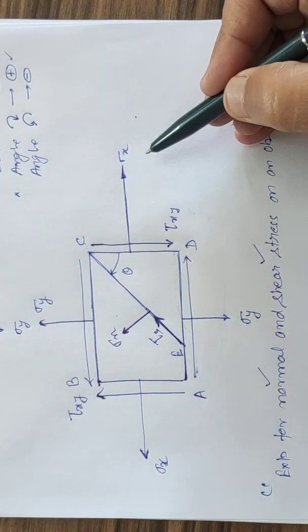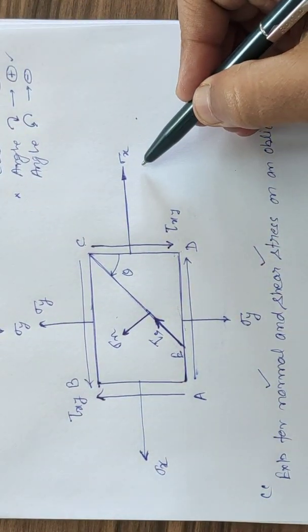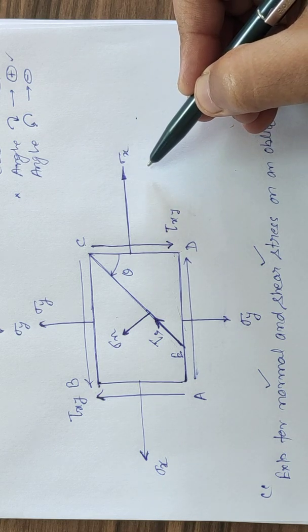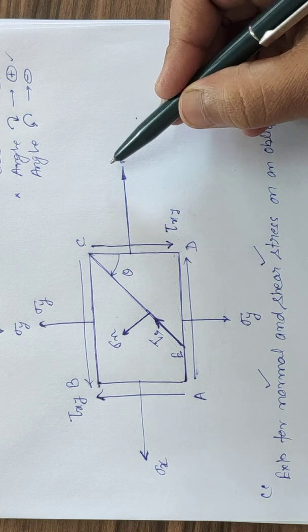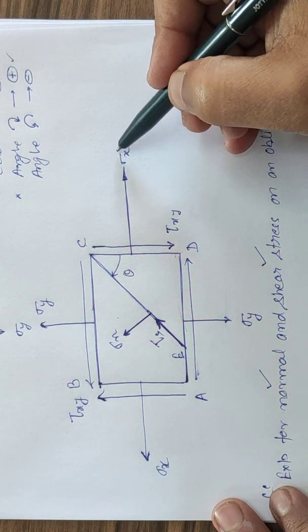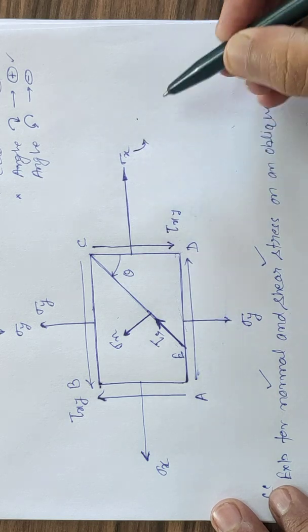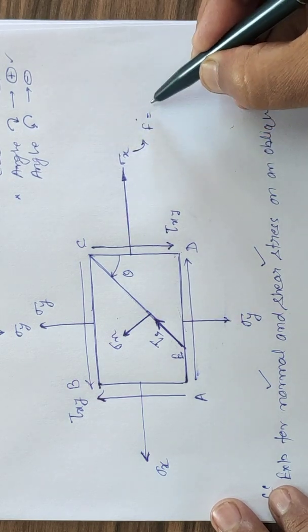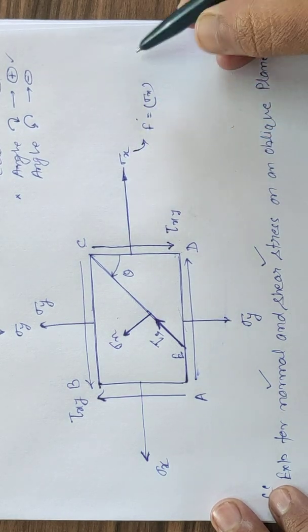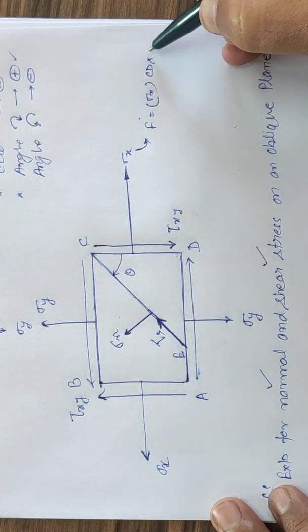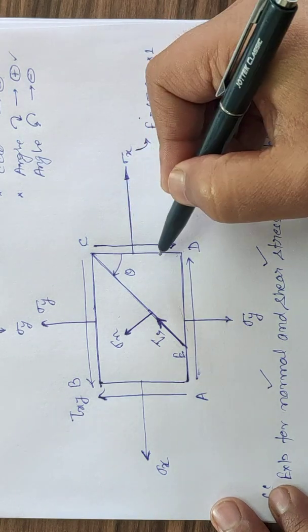We have stresses, and stress is equal to force divided by area, so force will be equal to stress multiplied by area. Let's say the force due to sigma x will be equal to stress multiplied by area, meaning the length CD multiplied by the thickness, which we have taken as unit.